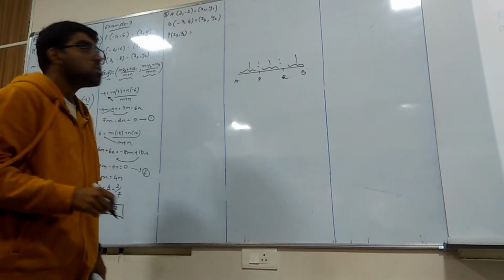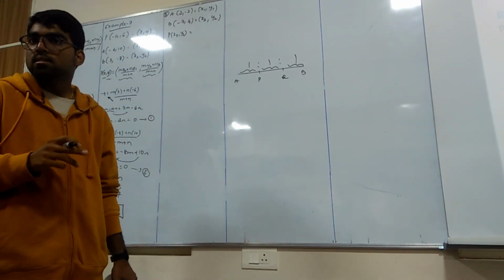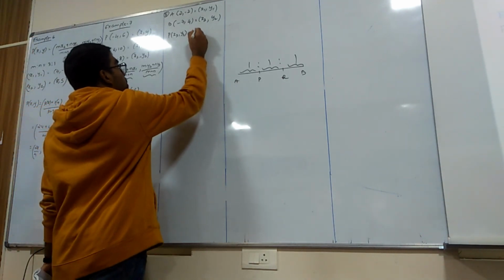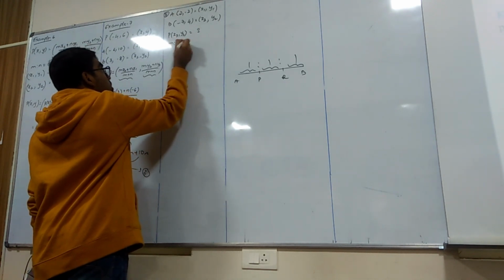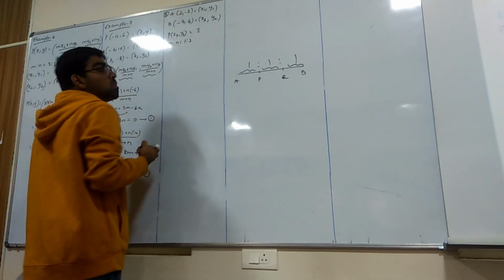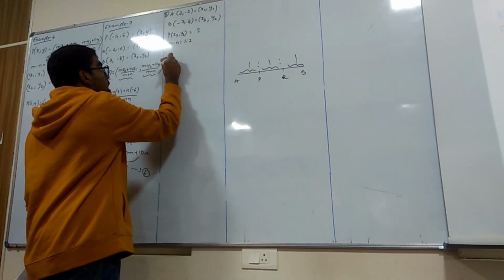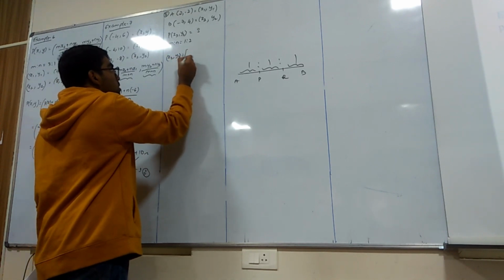So for point P the ratio m:n will be 1:2. For the 1:2 ratio we'll find x3 comma y3 by substituting.